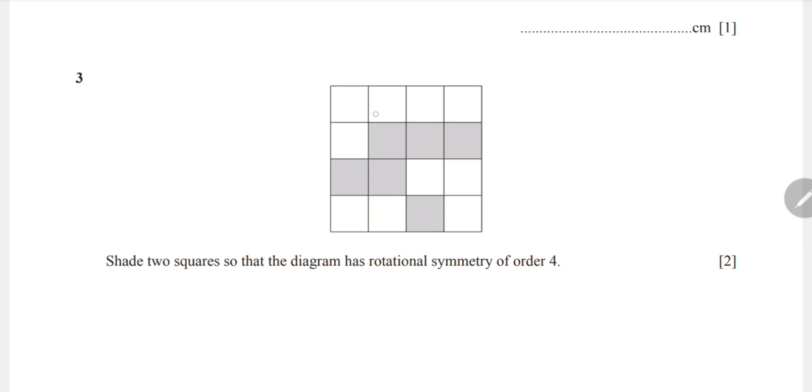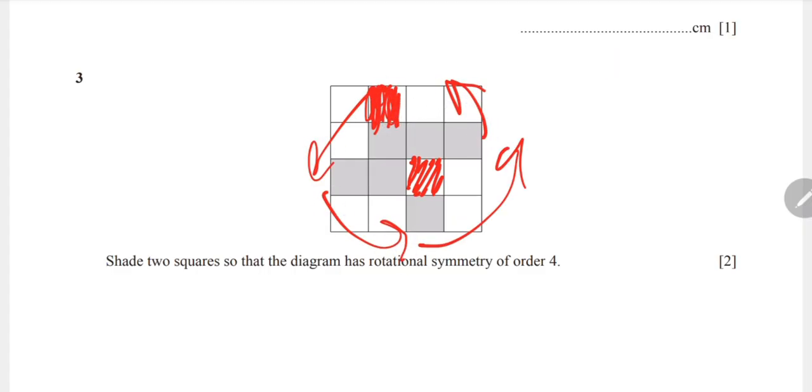Order 4 means if you rotate it from anywhere you get the same figure. So if we shade this one and this one, then if you rotate it 1, 2, 3, 4, everywhere you find the same figure. It means we need to shade these 2 squares.